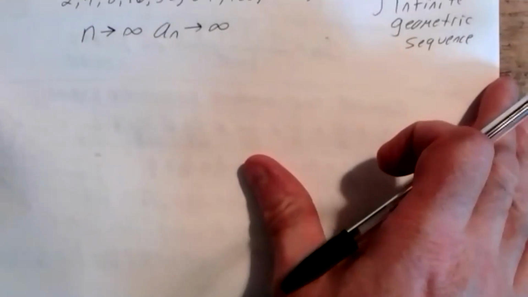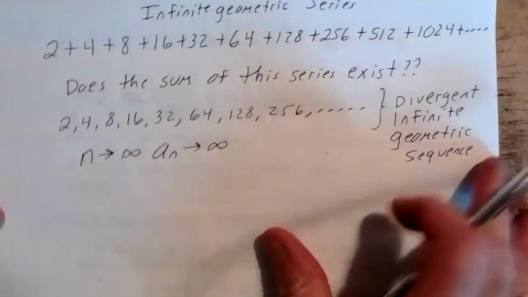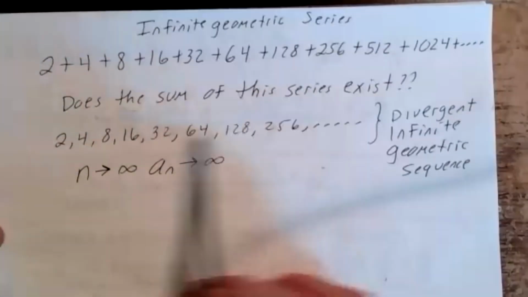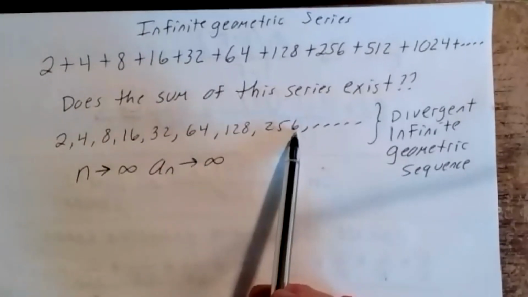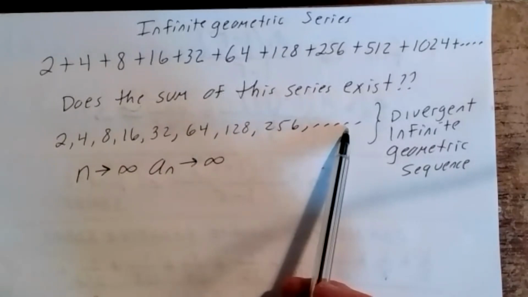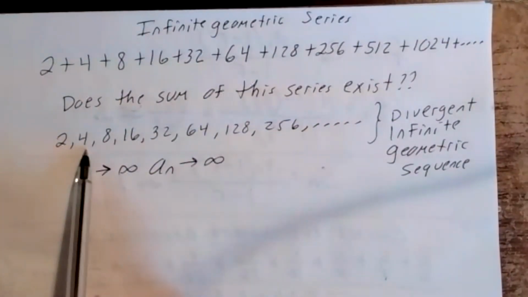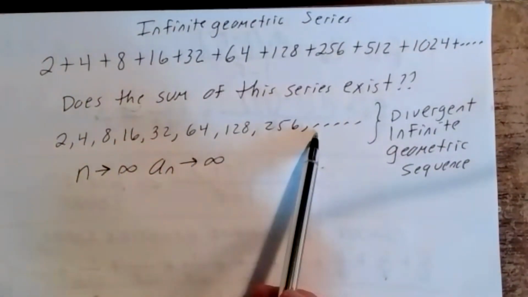But this one, these terms are not approaching any finite defined real number value. These terms are just blowing up uncontrollably, getting larger and larger and larger. This is said to be a divergent infinite geometric sequence.